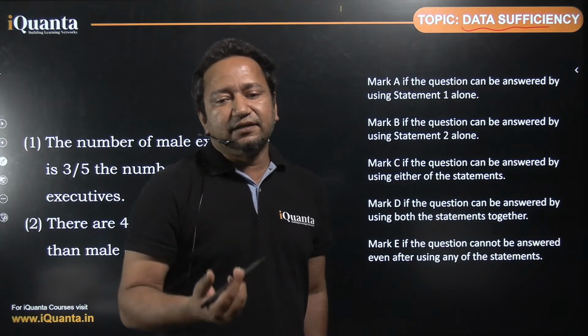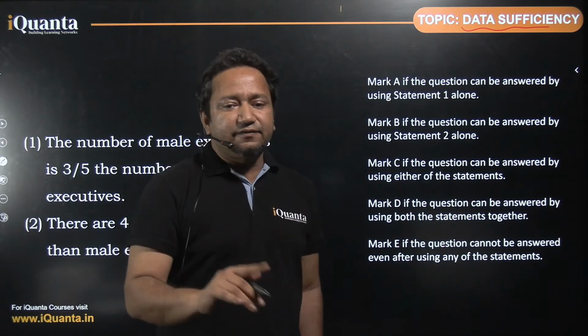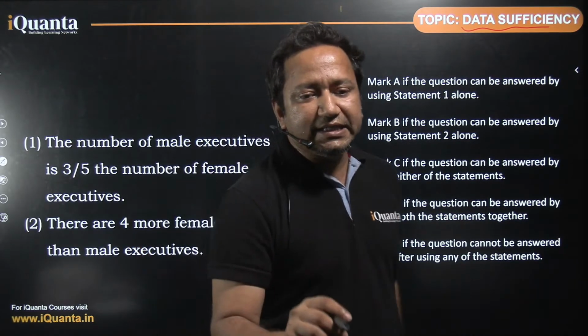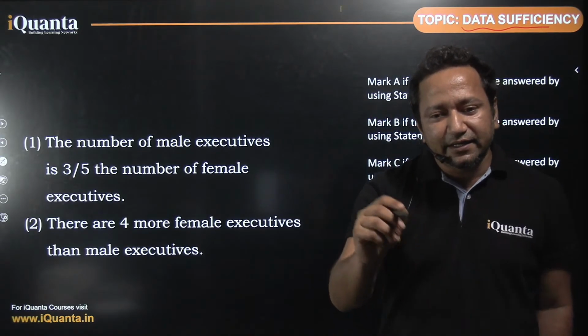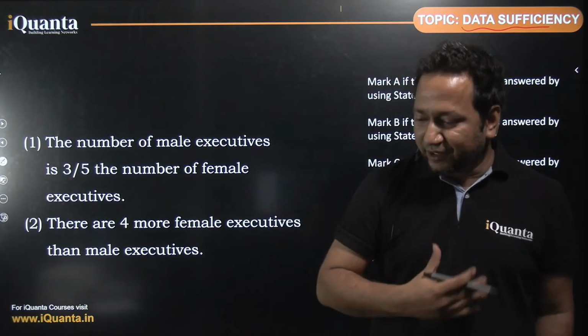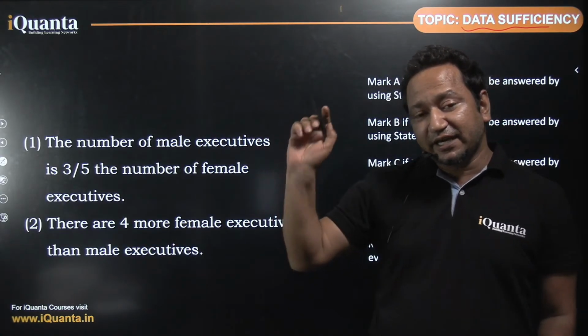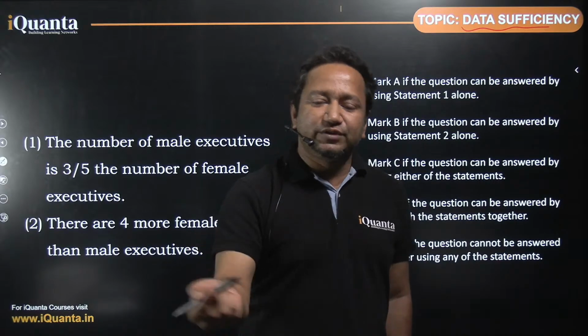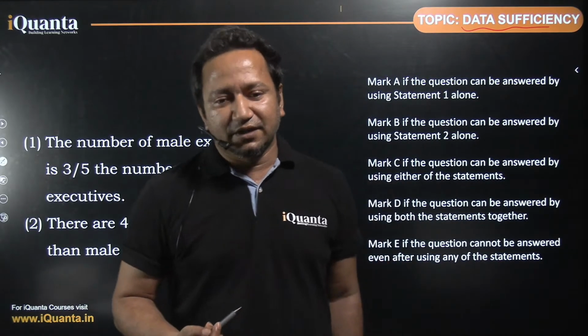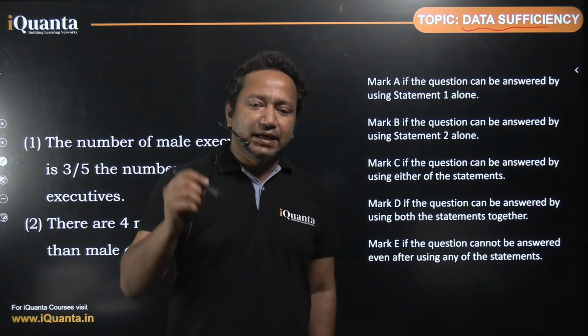And what makes it difficult? DS in itself is not a difficult topic. Mathematics in itself is not a difficult topic. The difficulty is that we are humans and we are used to finding the solutions to problems, but data sufficiency wants you to understand whether you can find the solution or not. That is what makes it difficult.